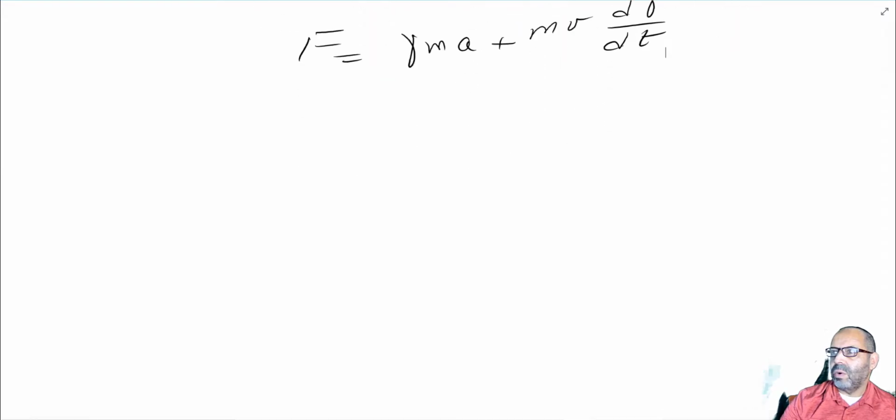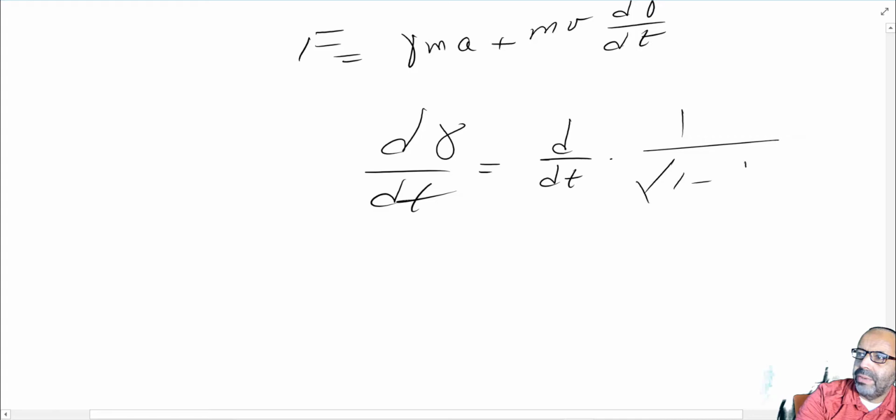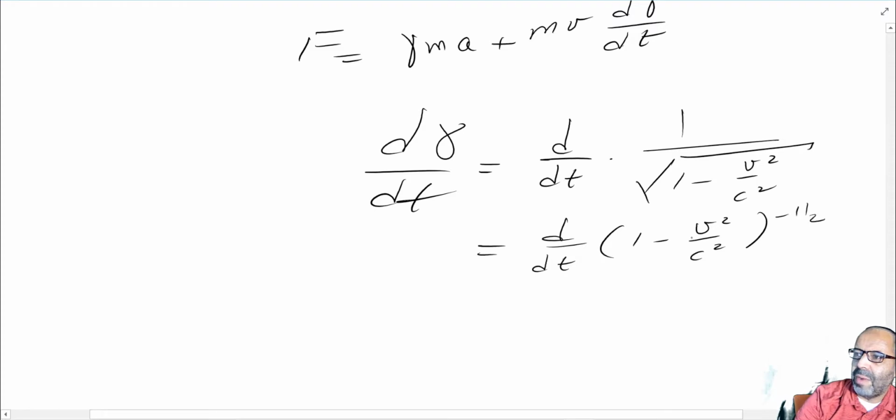So what I'm going to do is make this expression a little bit simpler for myself. d gamma over dt, namely I want to find the second thing in here. It's the derivative with respect to time of 1 over the square root of 1 minus v squared over c squared. Or if you wish, it's the derivative with respect to time of 1 minus v squared over c squared to the negative 1/2. First, from outright, I'm going to drop the negative 1/2 in here.